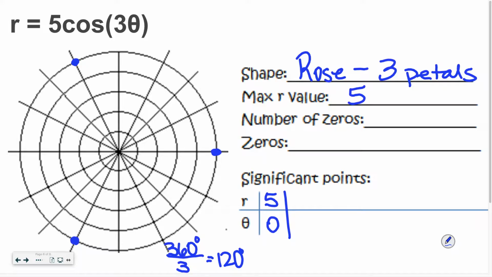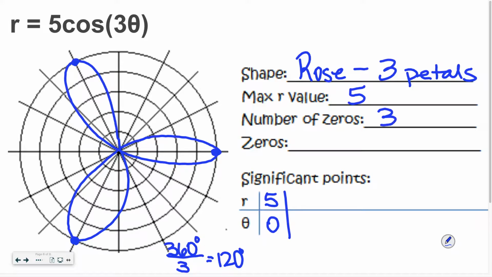Pay attention to how many times we go through the pole. 1, 2, 3. We have 3 zeros. Go ahead and try yours. You have to start with theta equals 0 and then draw your petals.